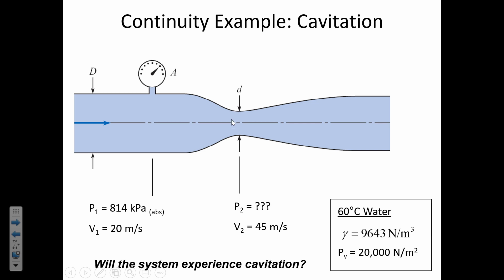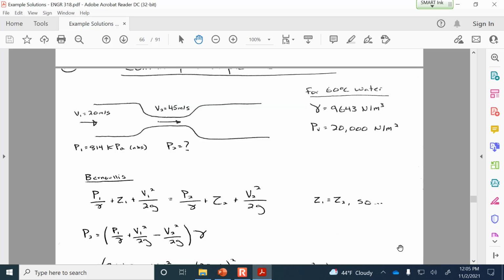But if the pressure of the water at the throat falls below the vapor pressure, then it will begin to cavitate, meaning the liquid will be turning into gas bubbles. So it's essentially boiling, not because it's hot, but because the pressure of the liquid is below the vapor pressure. So what we're trying to see is if P2 is less than PV. That's the risky thing, if it is.